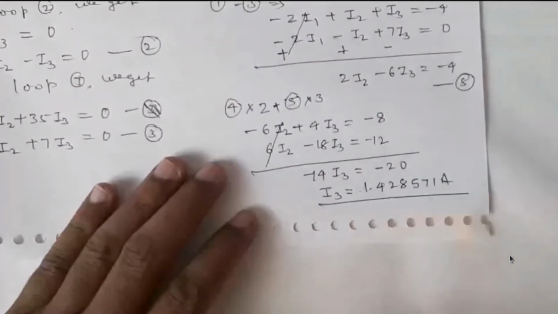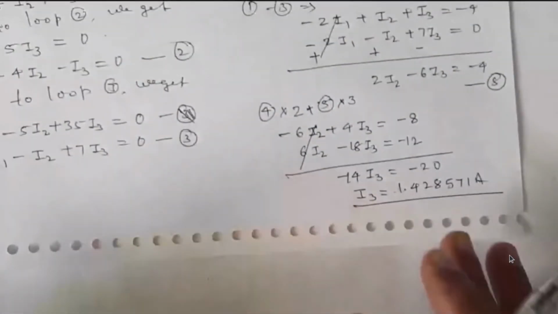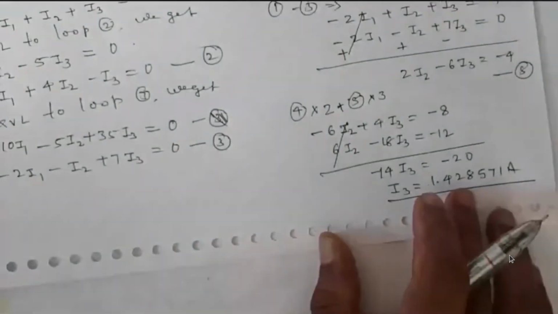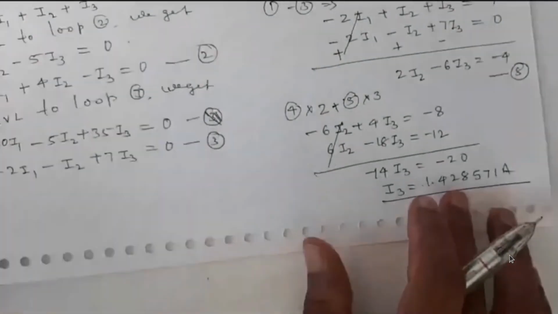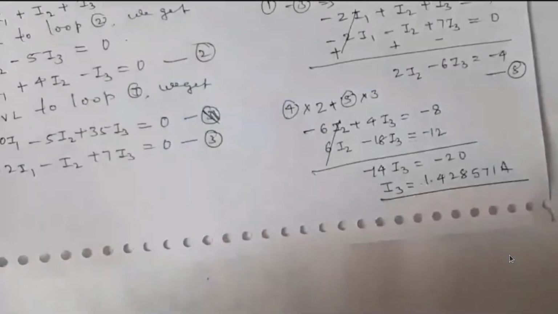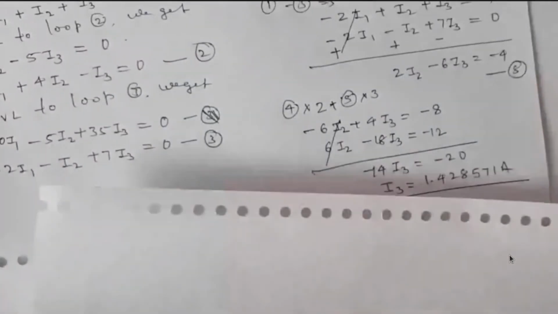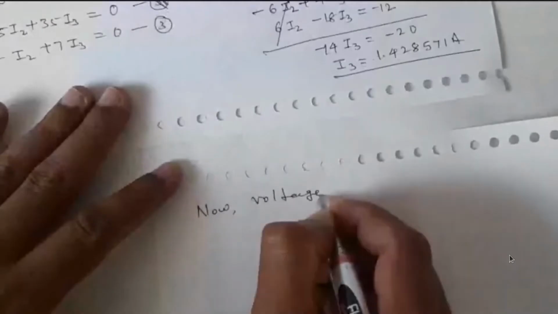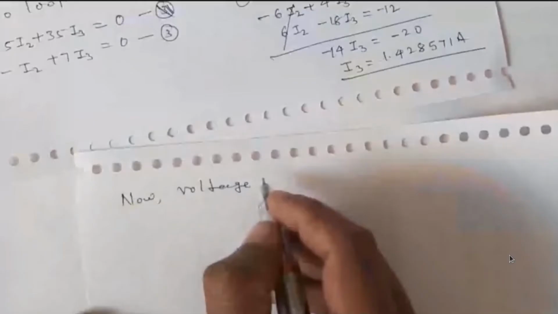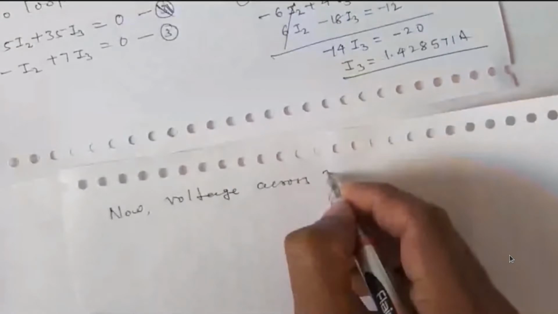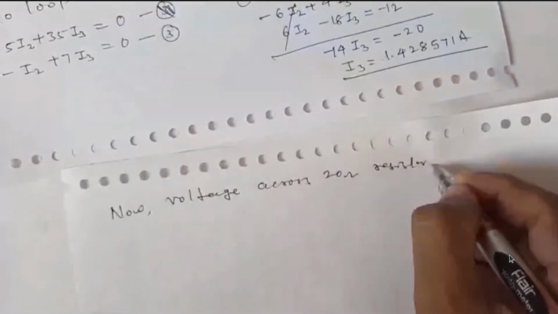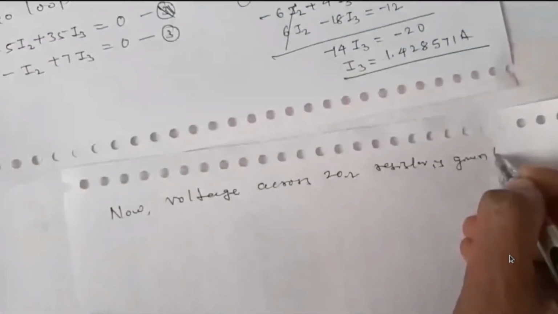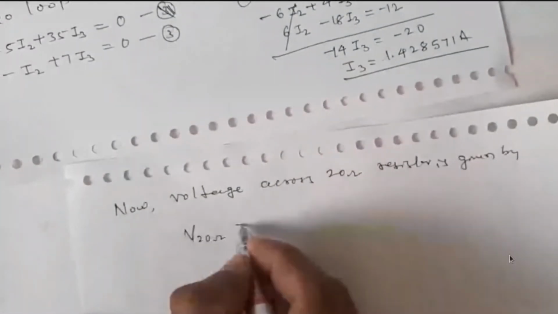And say what is required? We need to find the voltage across the 20 ohm resistor. So to find the voltage across the 20 ohm resistor, I'll write: voltage across the 20 ohm resistor is given by V20 ohm is equal to 20 I3.